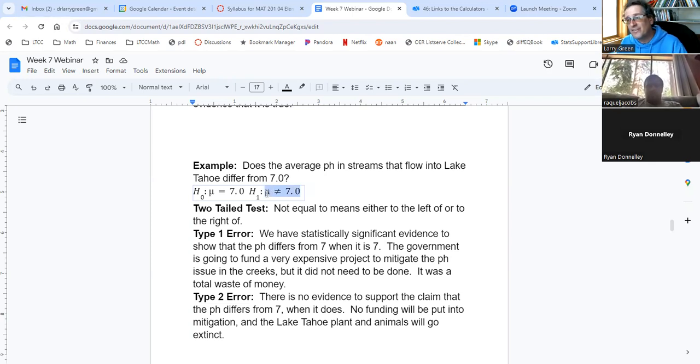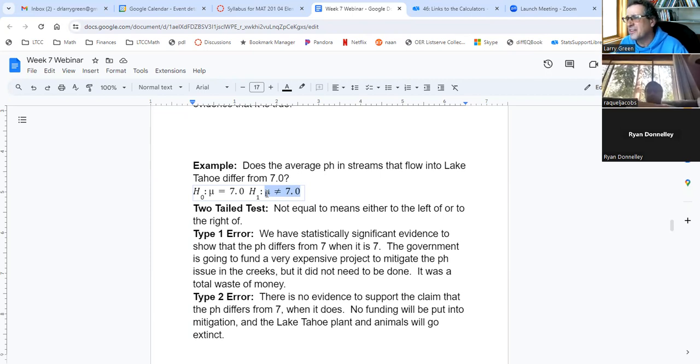If we're checking to see if it's different, then it's called a two-tailed test, because either side, left or right, is going to end up rejecting the null hypothesis. If it was 6.8, it wouldn't be so bad, or 7.2. Those are close enough to 7 that you won't have statistically significant evidence, because we didn't have that giant a sample size. Do you see how that works?